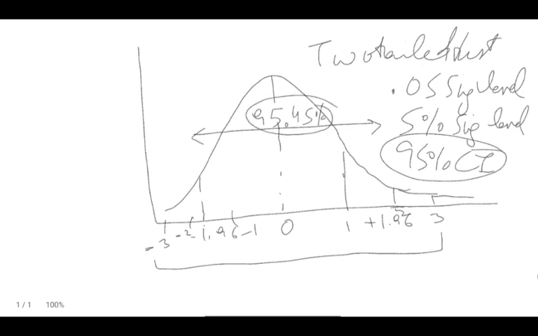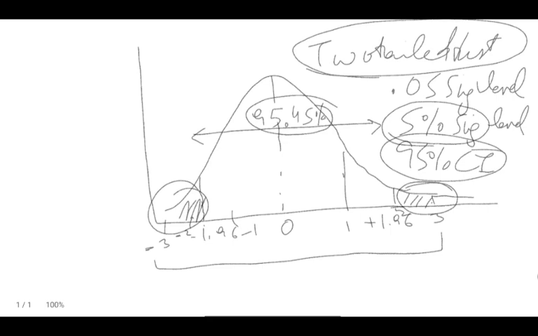So when we are checking a two-tailed test, we have to leave 5% significance level, which is out of this 95%, right? So 2.5% over here and 2.5% on the left side, because in a two-tailed test we are not specifying the direction of the relationship.